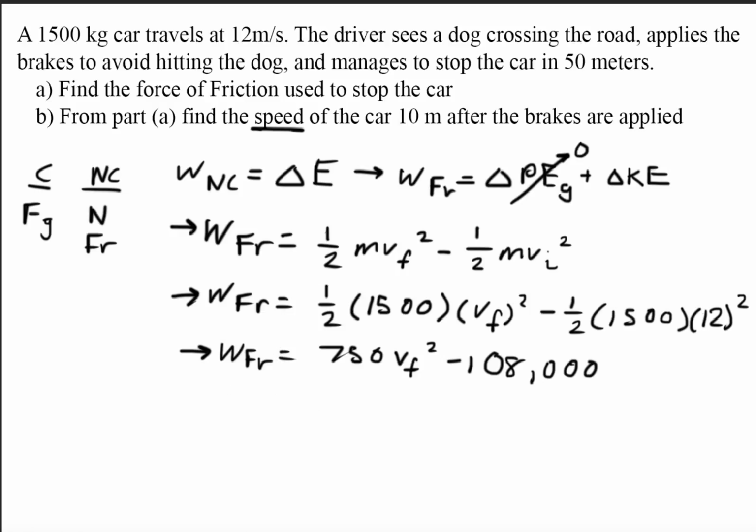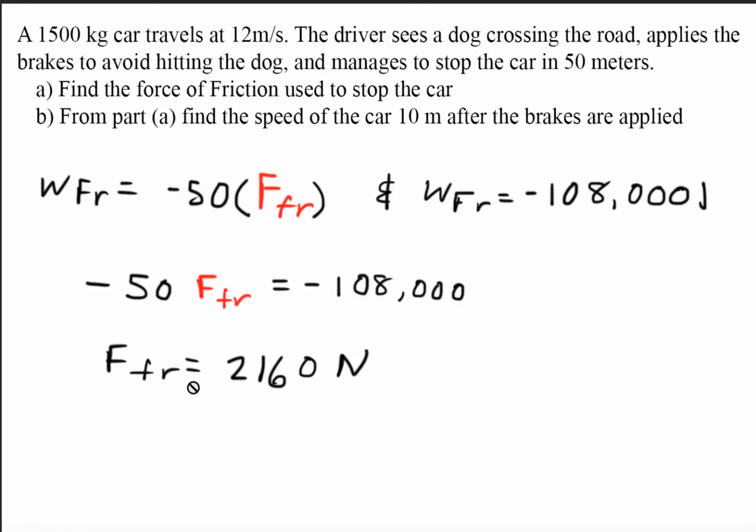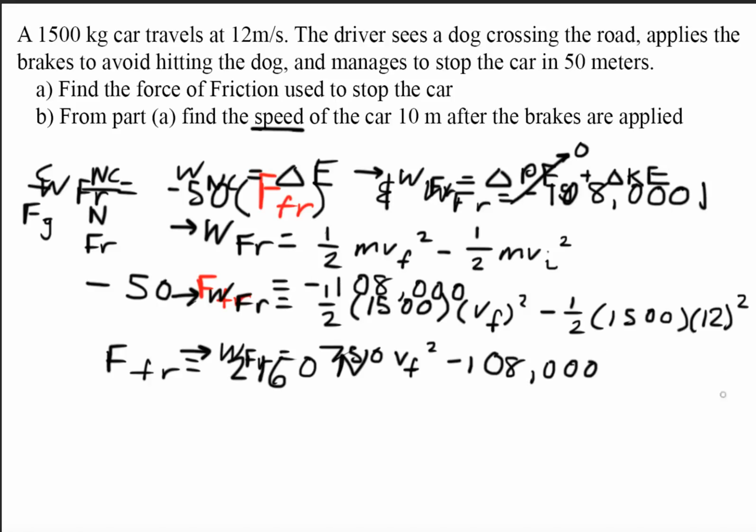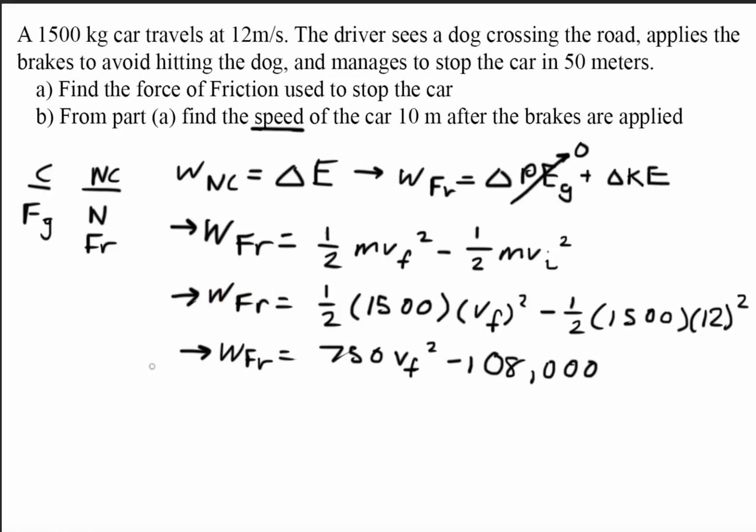We know it because the force of friction is 2160 newtons, and we can use that value to calculate the work done by friction using our work equation.